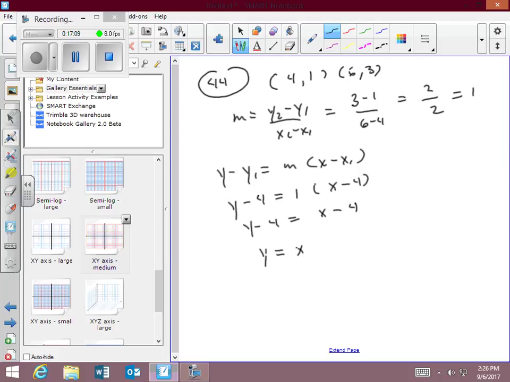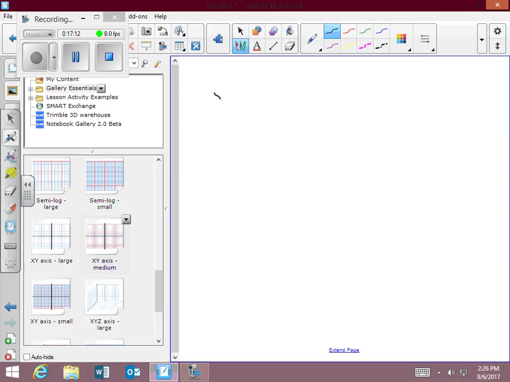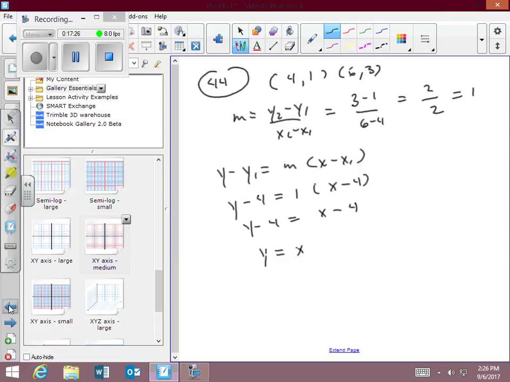Let's go down and look at 52. What was the answer to that last one? y equals x. Why did we use that equation and not the other one?